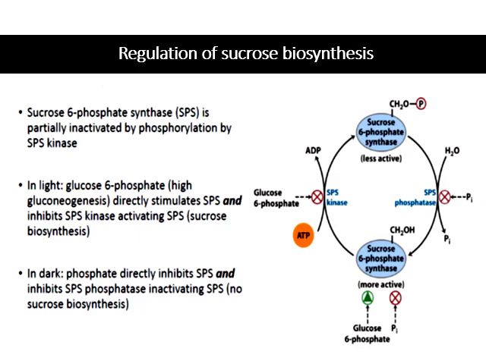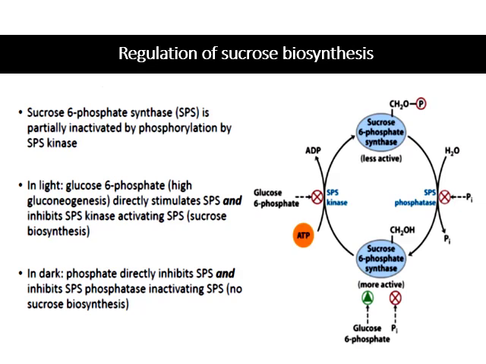As we have seen earlier, sucrose 6-phosphate synthase is the enzyme principally involved in synthesis of sucrose. So anything which controls this enzyme is an important tool to regulate sucrose biosynthesis.